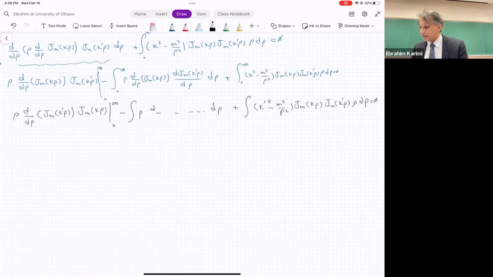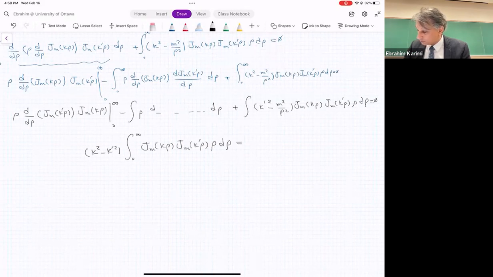Inside the integral of the third term, the M squared goes away, and the only term that remains will be (K squared minus K' squared) times the integral from 0 to infinity of Jm(K rho) Jm(K' rho) rho d rho equal to 0.